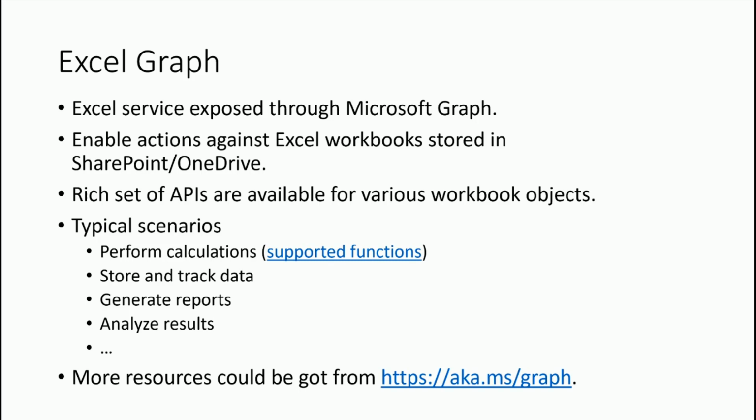It enables us to perform many kinds of scenarios. For example, we can perform calculations, store or track data changes, and generate reports. It's almost like those APIs that are done in the add-ins. For more resources about the Graph, you can access aka.ms/graphs.